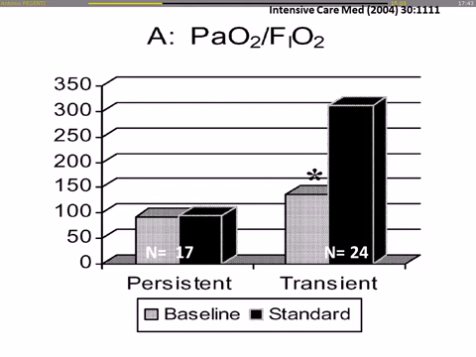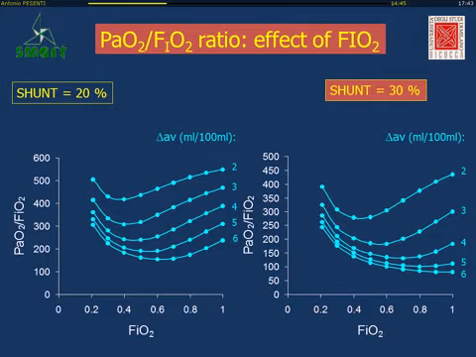And in 30 minutes, a major proportion of those patients got an improvement in PO2/FiO2 ratio that made them go out of the ARDS definition. Moreover, PO2/FiO2 ratio depends on FiO2.